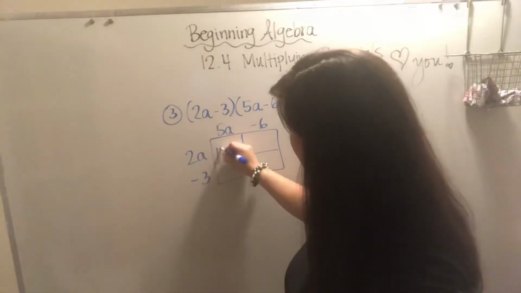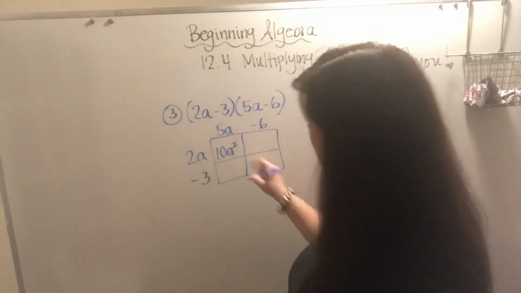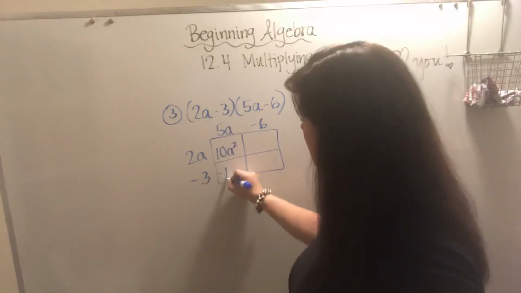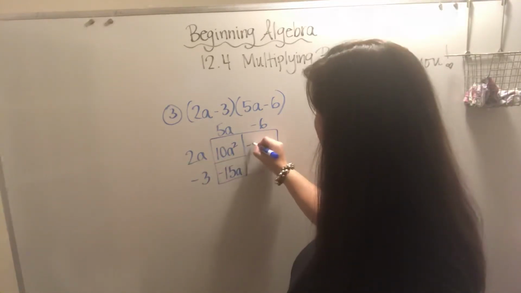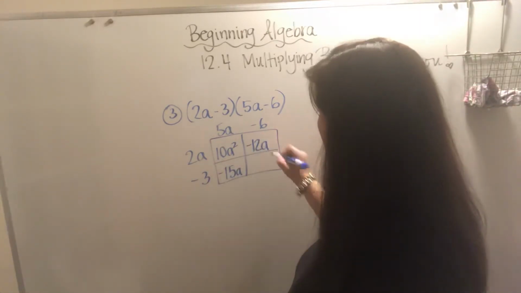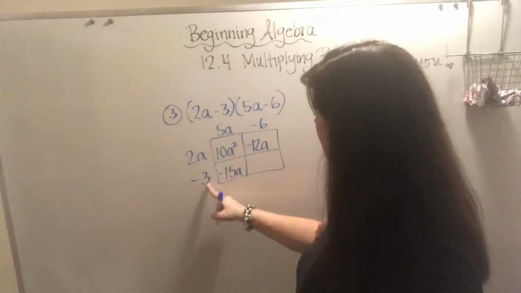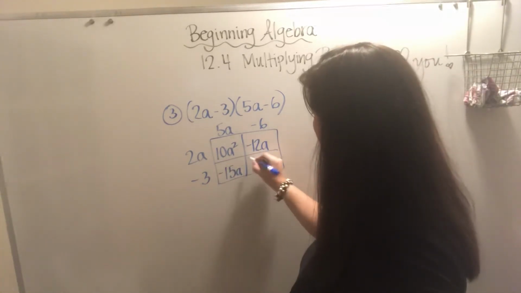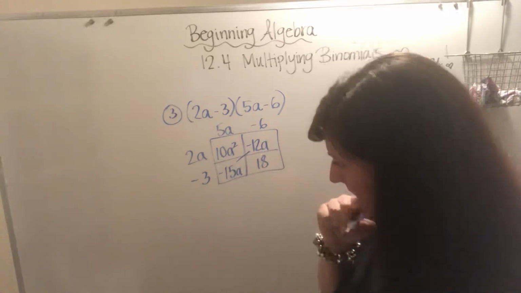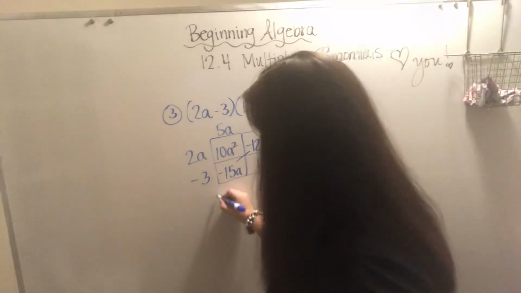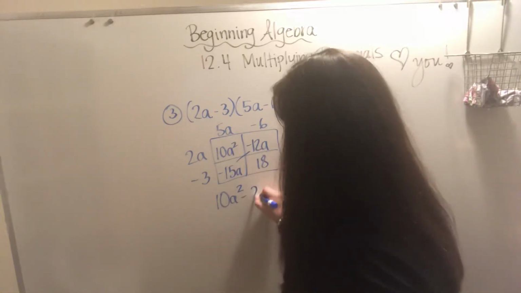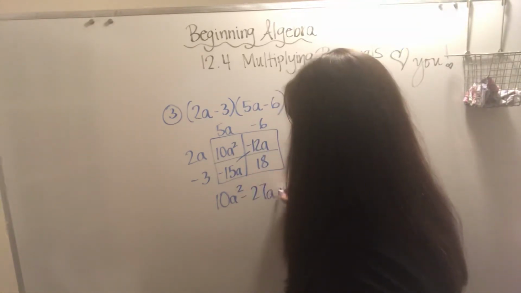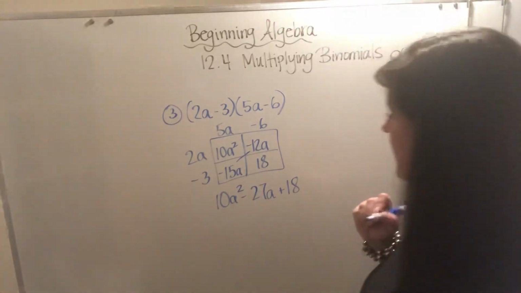Multiply this, 10a squared. This times this, negative 15a. Negative 6 times 2a, I'm going to get negative 12a. And negative 6 times negative 3, I'm going to get a positive 18. When I combine these, 10a squared minus 27a plus 18.